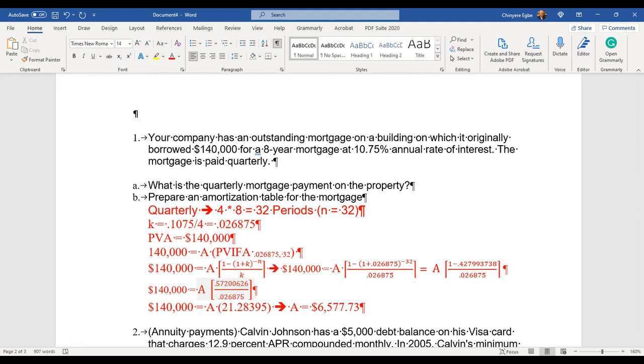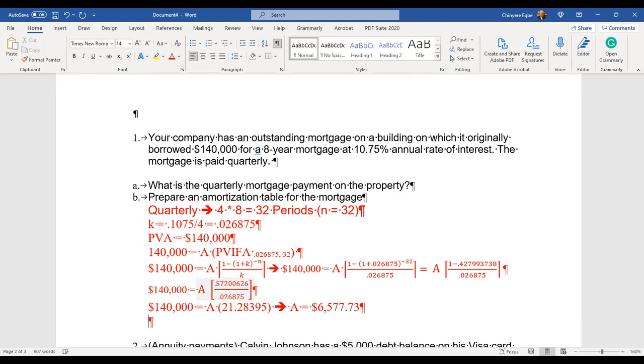What is the quarterly mortgage payment on the property? Now what I'm going to do is prepare an amortization table for the mortgage. This is where we're going to have to switch.